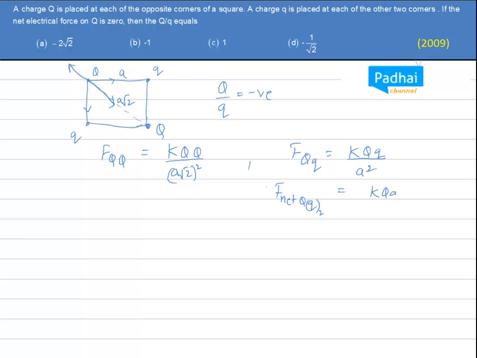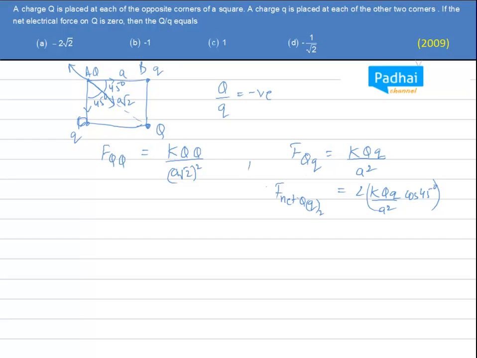K into Qq by A square into cos 45 degree, because this diagonal will be making an angle of 45 degree with this, and this is also 45 degree, and it will become twice of this because the two resultants will add up. One force will be due to this one. I can write it as AB and D, let us suppose. So AB and AD, the components will add up, so that was why it will be twice.